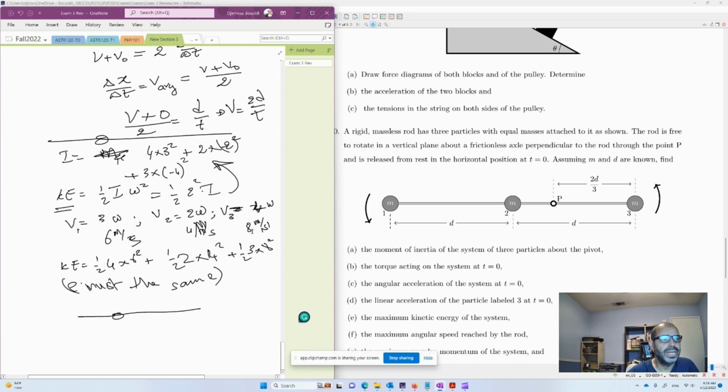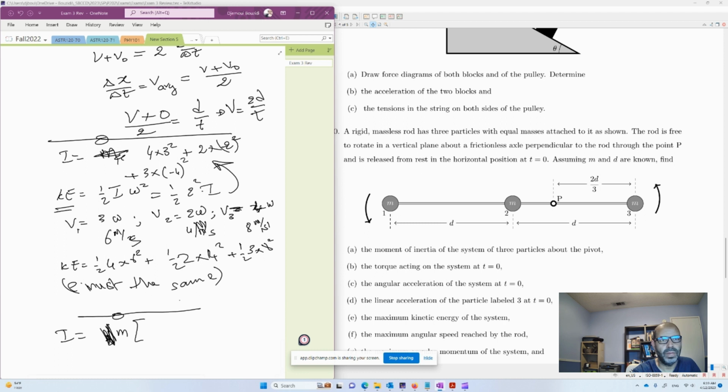So the moment of inertia again is going to be, since they are point particles in this case, for the first mass, it's going to be 1/2 of m for each and every one of them. Okay, there is no 1/2. Moment of inertia, there is no 1/2. It's mass times distance squared.